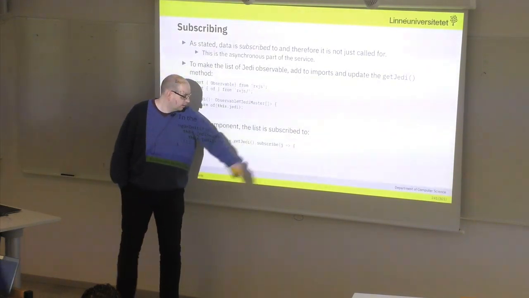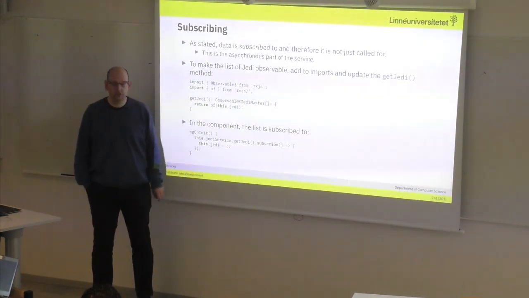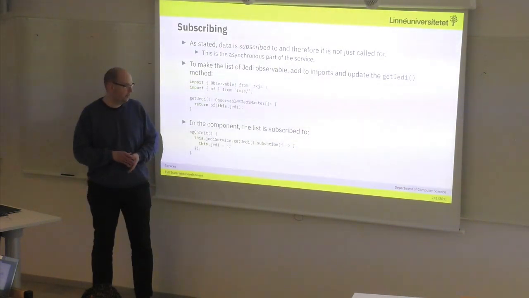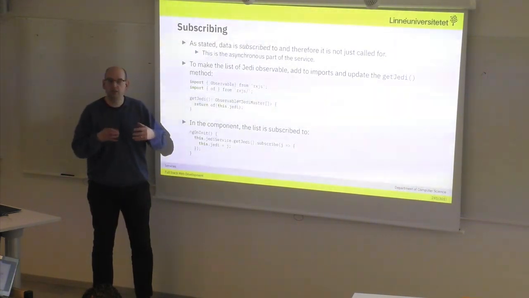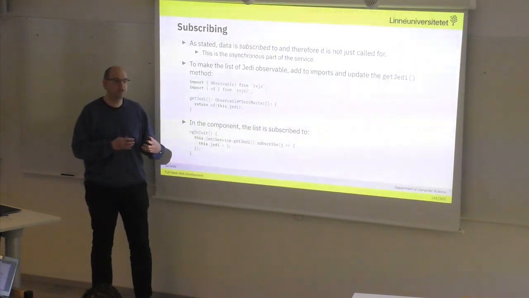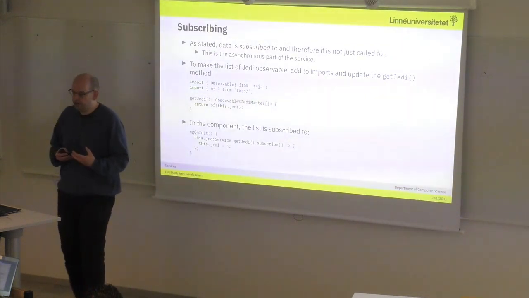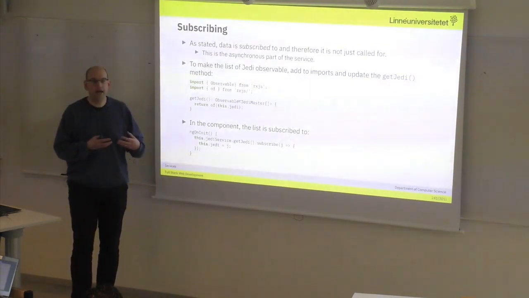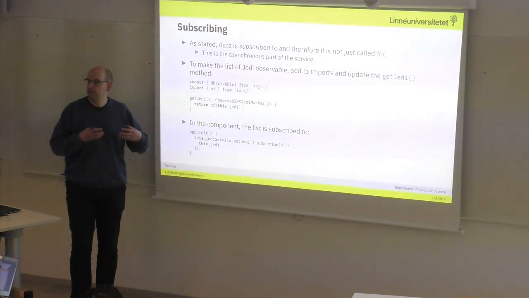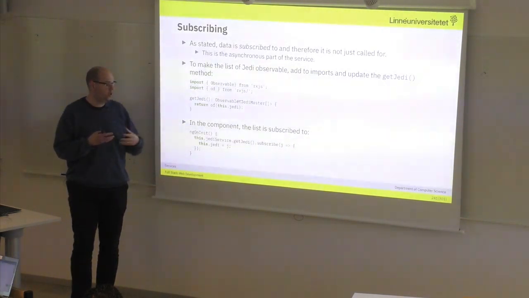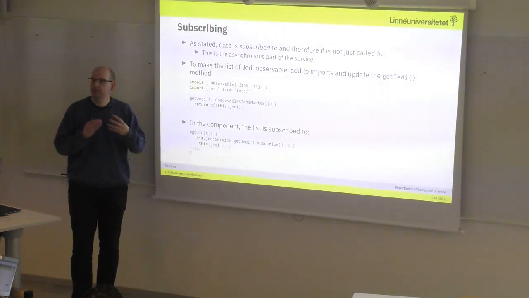Whatever that is, say that this Jedi should point to that. And the magic behind says then that we are actually subscribing to any changes that happen. And that also means that if we make a change, if we add a Jedi, this getJedi will receive this and update automatically.